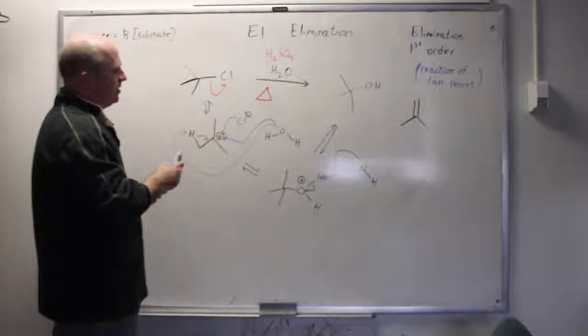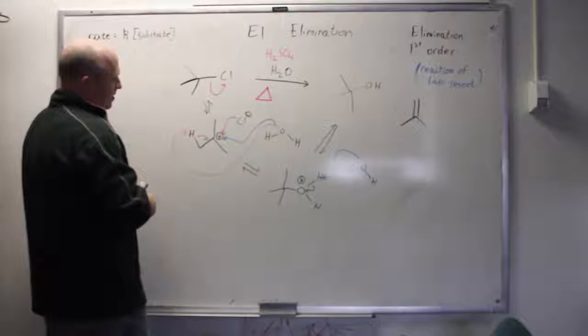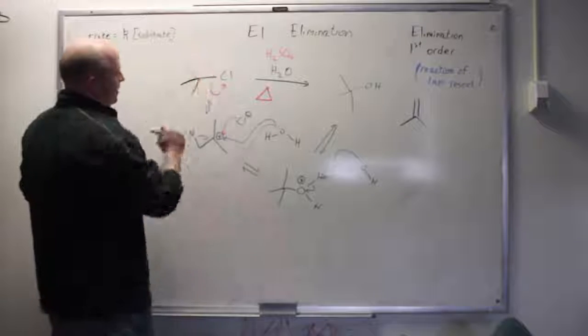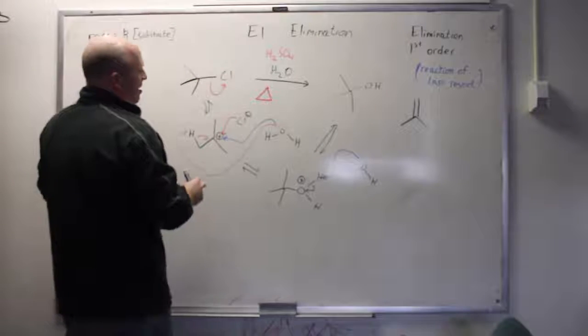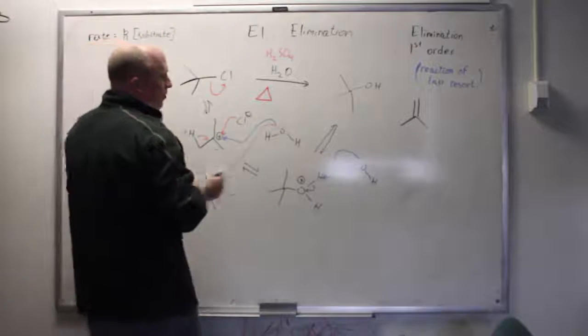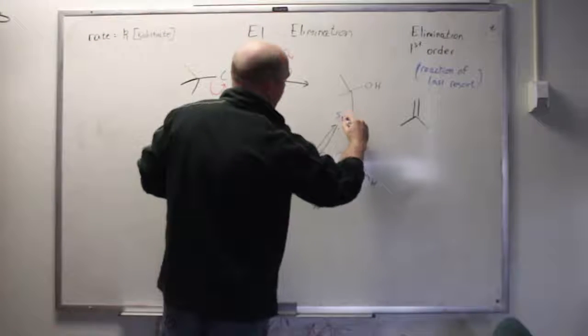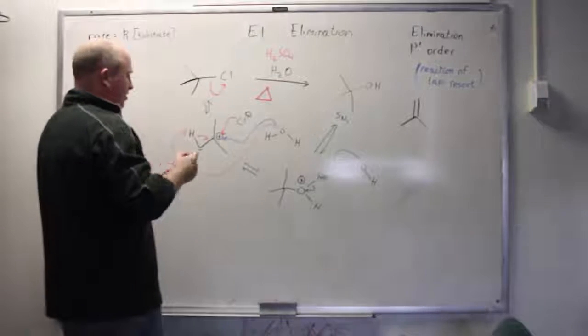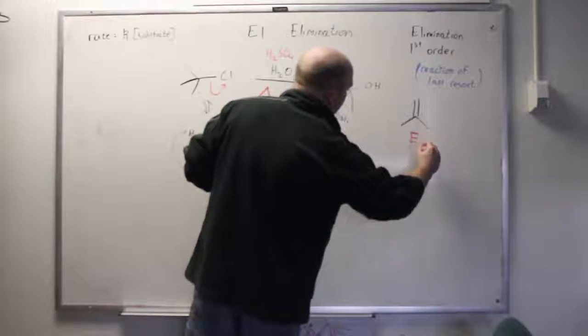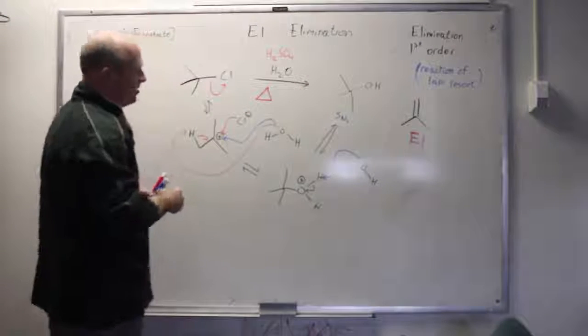So there are essentially three paths that the reaction can take once you reach this cation stage. Chloride tends to send you back to where you came from, but if you have relatively small amounts of chloride, then it's more likely that water will perform the reaction, be it an SN1 type reaction, or alternatively, if the water serves as a base instead of as a nucleophile, then you get the elimination reaction instead.